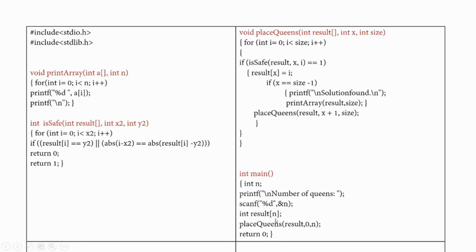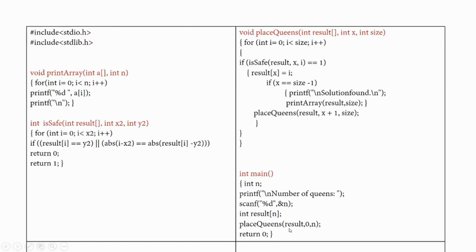The result array represents the column positions of the queens which are being placed at the respective positions in the chessboard. Now how this algorithm works, the one main function in this is place queen.